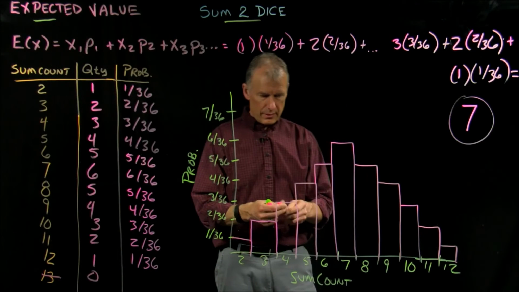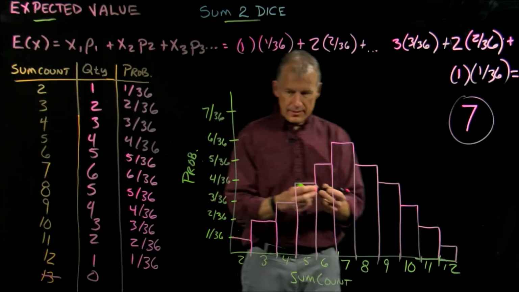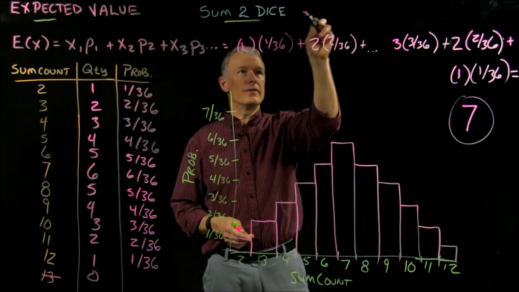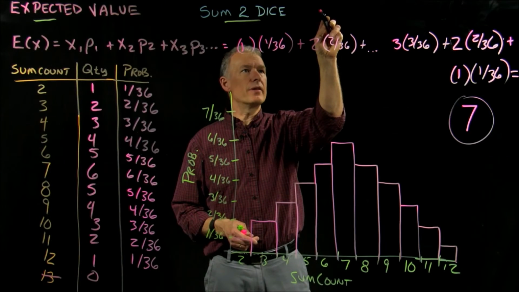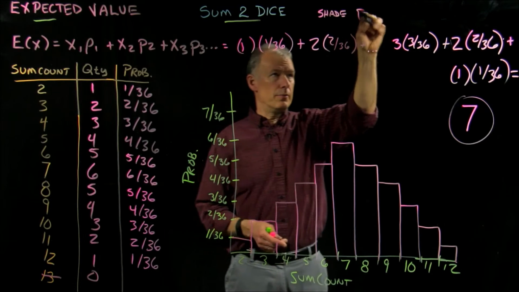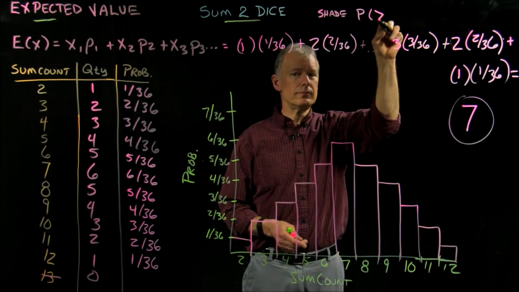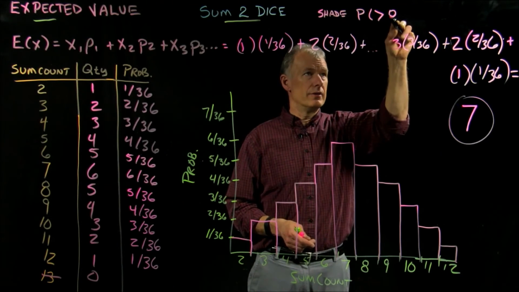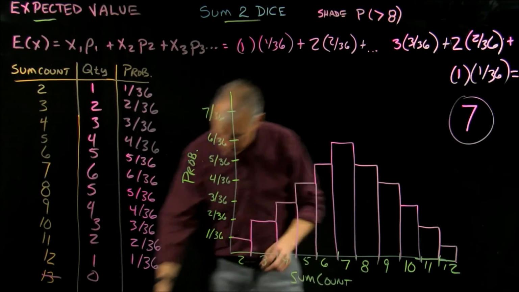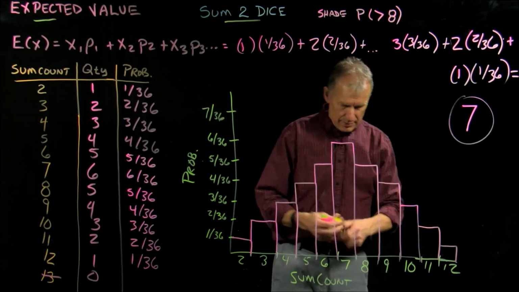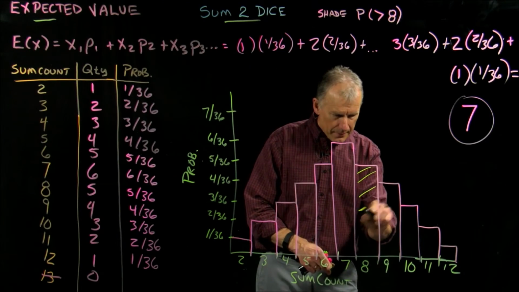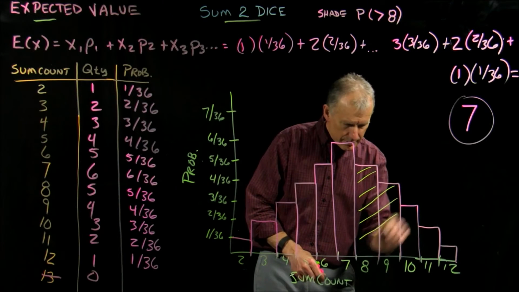All right. And one more thing I wanted to do was shade. What I like to do is shade the probability of a sum of 8 or greater. So when you look at this, here is 8 or greater, so shading our histogram would look like this.